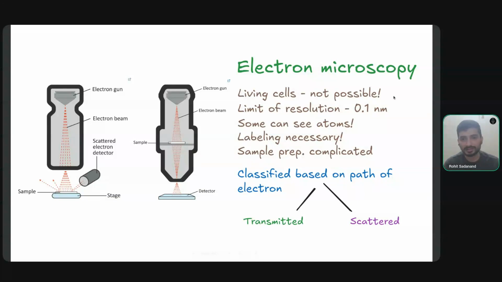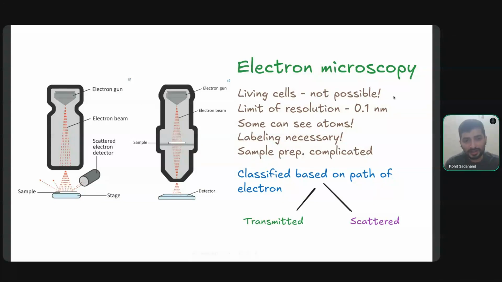And that makes the sample preparation in electron microscopy very, very complicated, because you have to sometimes coat it with heavy metals, and you have to actually dehydrate the sample completely and replace it with wax or plastic and things like that. That is actually quite complicated. The sample preparation for electron microscopy might take weeks to months for you to get an image after you have submitted something for electron microscopy.